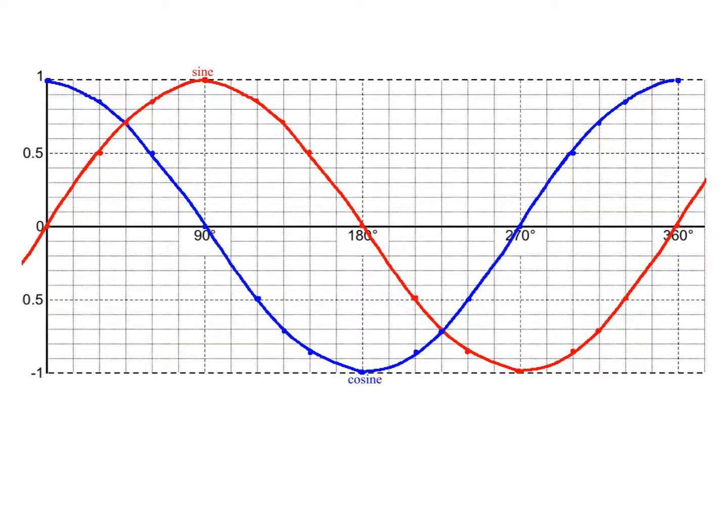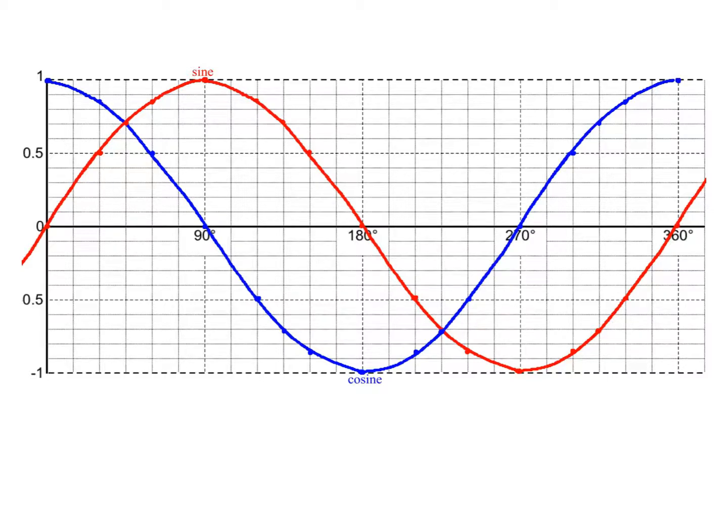So if we take a look at both of those graphs on the same set of axes here, the cosine's in blue and the sine is in red. Notice they have the same height, the same midline, they're the same width. Each of them completes a full cycle in 360 degrees. Everything about them really is the same, except what point in the graph it starts. What point in the wave are we starting from?